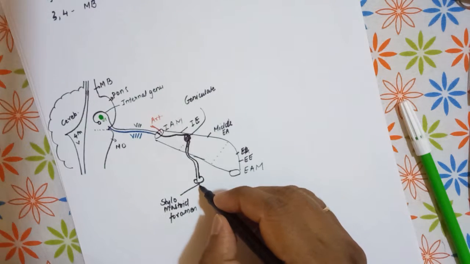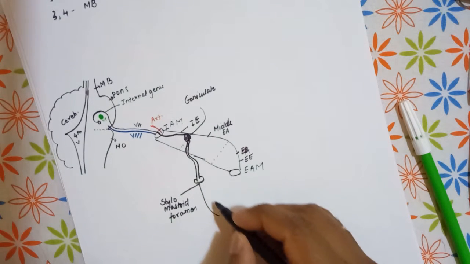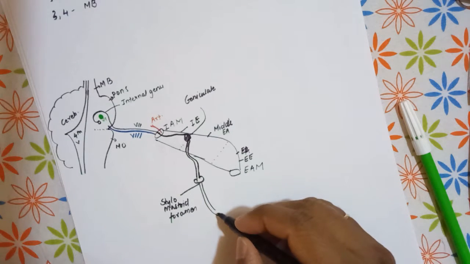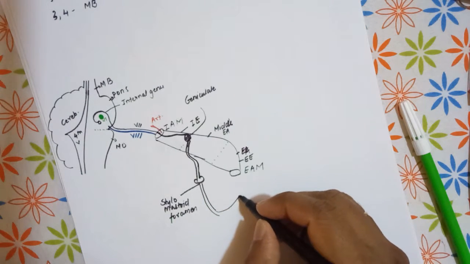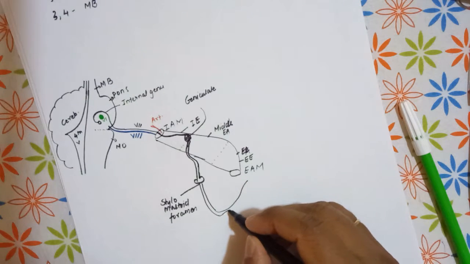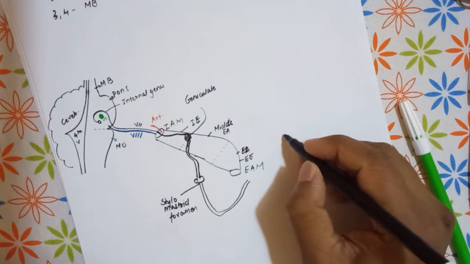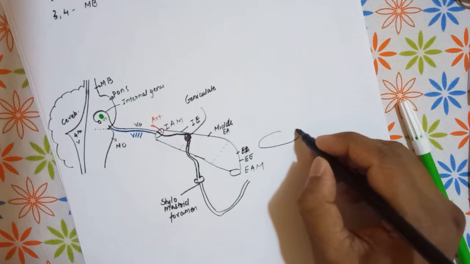Through the stylomastoid foramen, the facial nerve comes out and it goes just below and behind the external auditory meatus and enters into a gland.